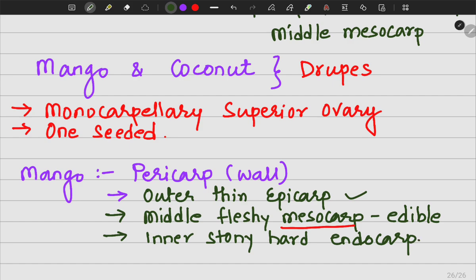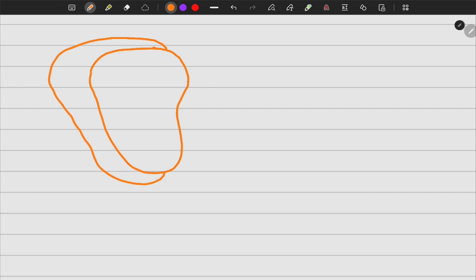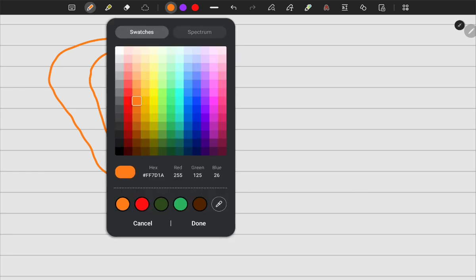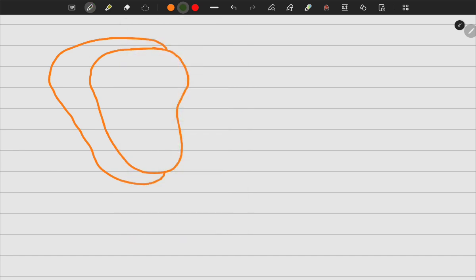If we cut a mango from the side and look at it, it will look somewhat like this.